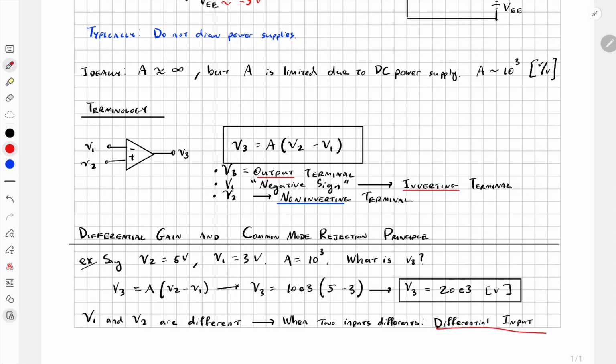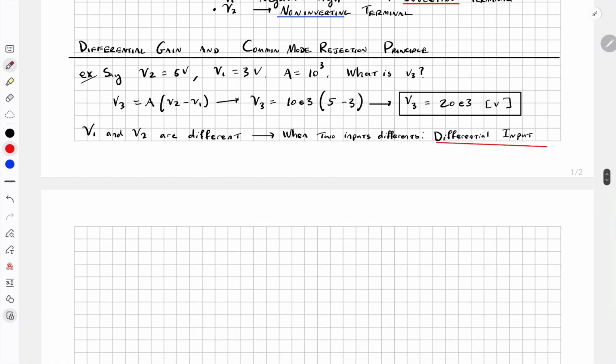And when we have differential input, the result is called differential gain. There is a gain, in fact, it's a huge number. As you can see, V3 is 20,000. That's the differential gain, when V2 and V1, our inputs, are different. The output has been amplified when V1 and V2 are different. We call this differential input.